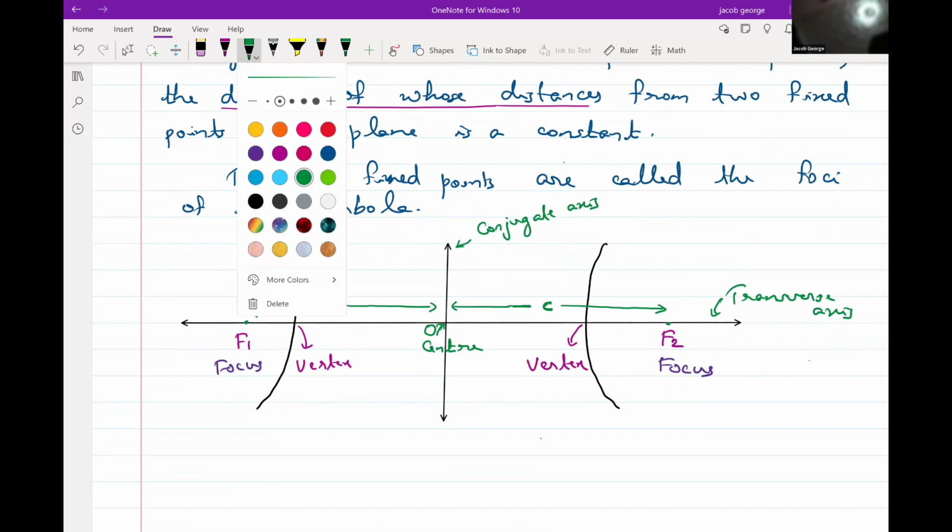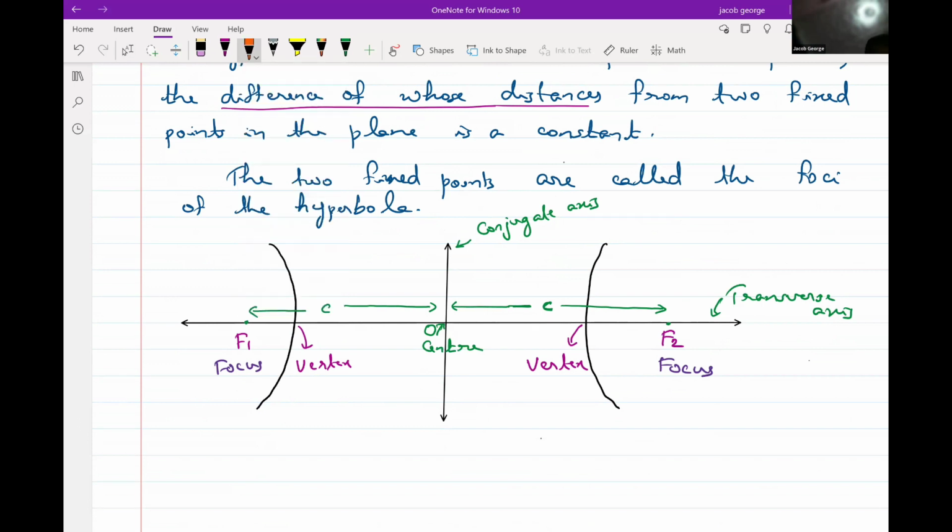Next point, the distance to the vertices is small letter a. So this distance is small letter a. And from center to second vertex also small letter a. So the distance, or we call it the length of transverse axis, is 2a.